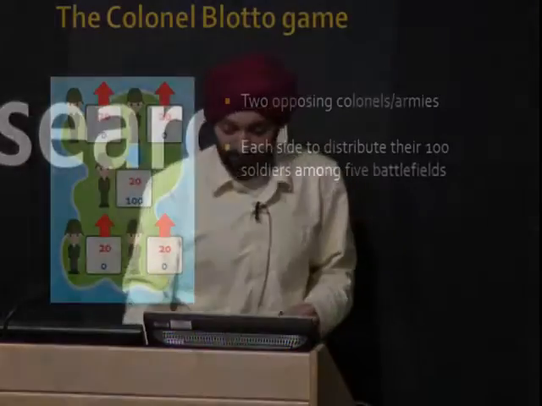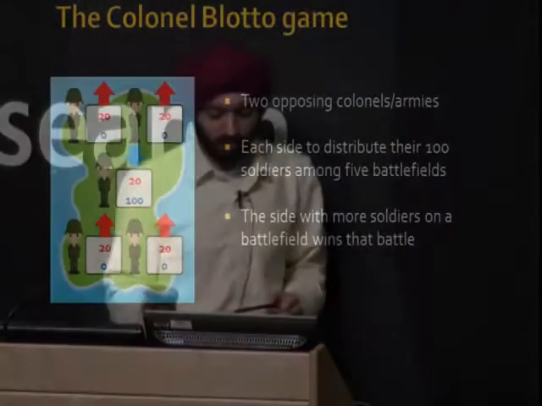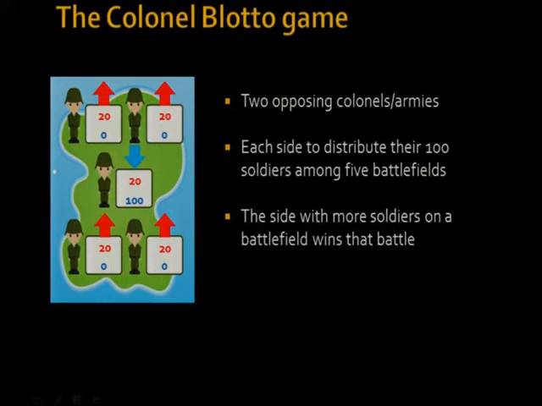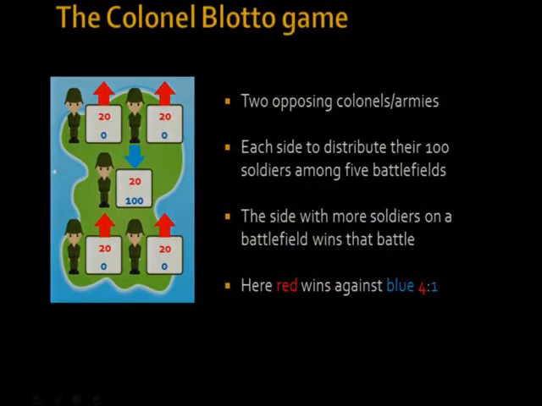Say red and blue were the 2 different armies. Red distributed them uniformly, and blue concentrated all the troops in just one battlefield. The side with more soldiers in a battlefield wins that battle, right? And in this case, red wins against blue. Red wins 4 battlefields, and blue wins only 1, right?